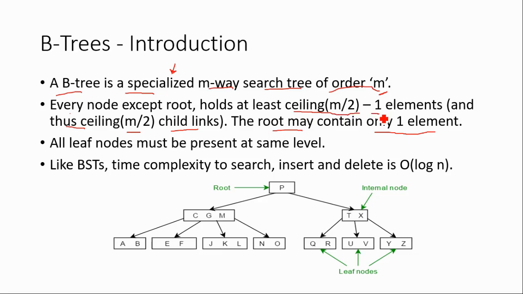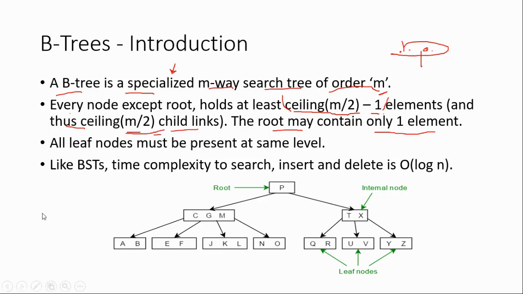So internal nodes and leaves have to contain a minimum of ceiling of m by 2 minus 1 elements, and if there are that many elements in a node, then there have to be ceiling of m by 2 child links, because, as we have seen, the child links surround the elements.